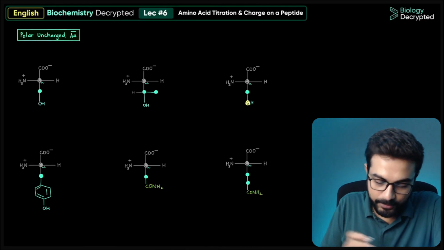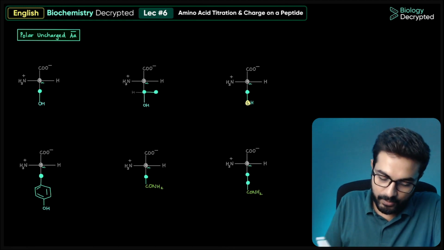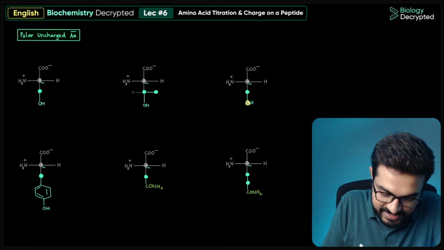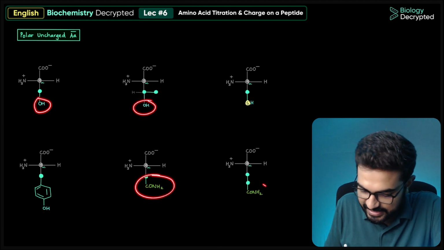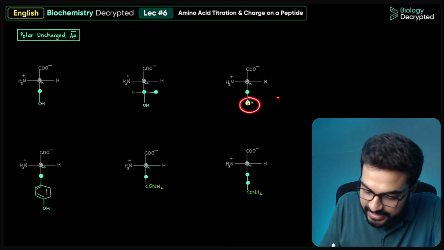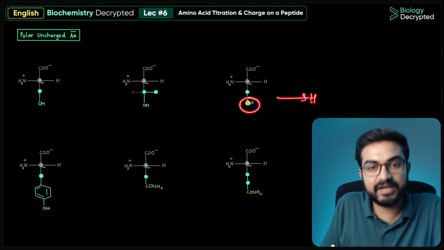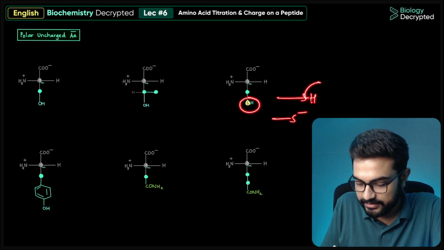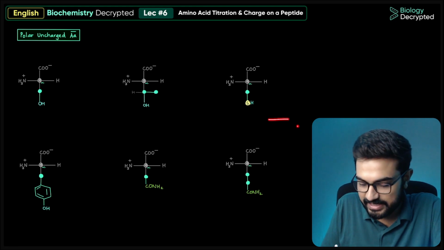In case of polar uncharged, in this case, this case, this case, and this case, these groups are not ionizable. But in case of a sulfhydryl group, the sulfhydryl can still lose its proton and get converted into this ion.